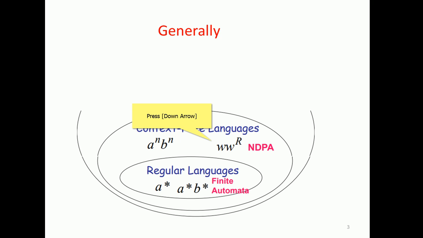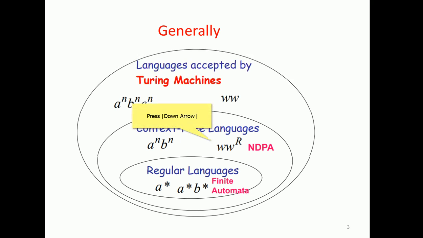After knowing these context free languages, we have the Turing machine, for example a power n b power n c power n. The language is accepted by a machine called a Turing machine.